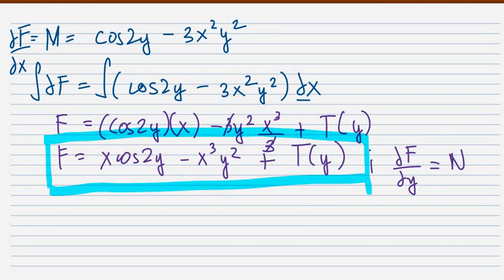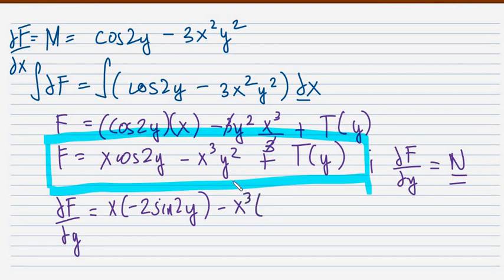So we will solve the partial derivative of f with respect to y and equate it with our N. X is constant, so we simply get the derivative of cosine 2y, which is negative 2 sine 2y. And then minus x cubed is constant, the derivative of y squared is 2y. And then plus t prime of y, the derivative of t of y.